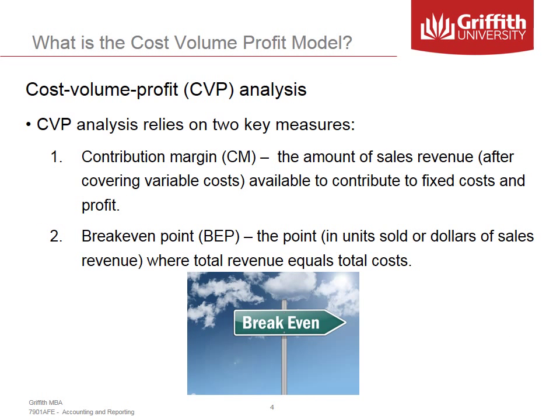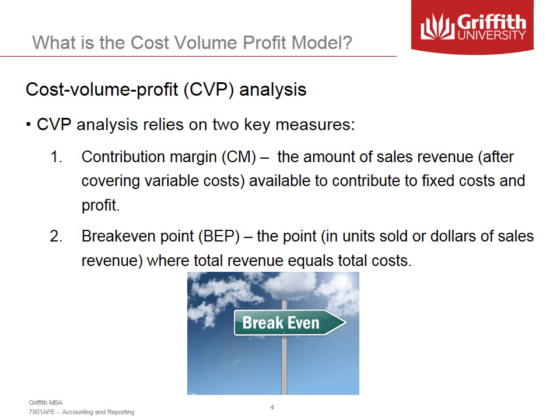Okay, now there are 2 key measures that we need to cover off in our discussion of this cost volume profit model, and they are these. The first is a contribution margin, which is a very useful concept. It's calculated as sales revenue less variable costs, and it can be calculated at the level of the sale of a single unit of product, or it can be calculated at the level of selling many dozens or hundreds or however many items of product is relevant for your discussion.